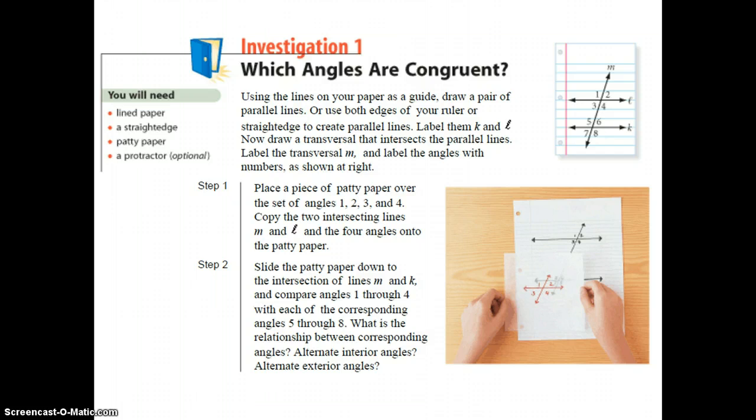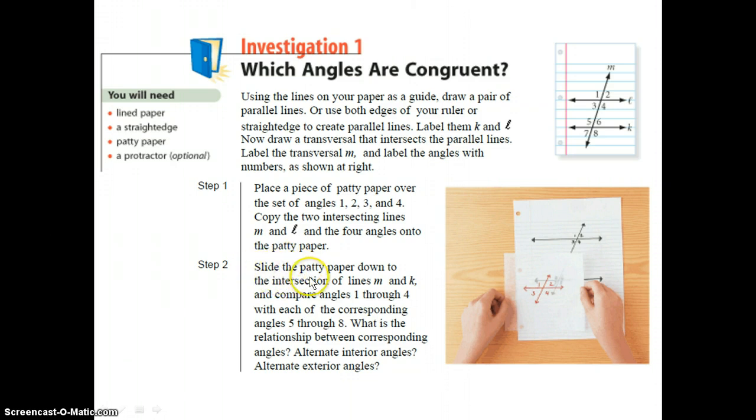Then you're going to use your patty paper to copy the set of angles 1, 2, 3, and 4 like they're showing here, and copy the two intersecting lines M and L onto the four angles of the patty paper. Right in here in red, they've copied it over.